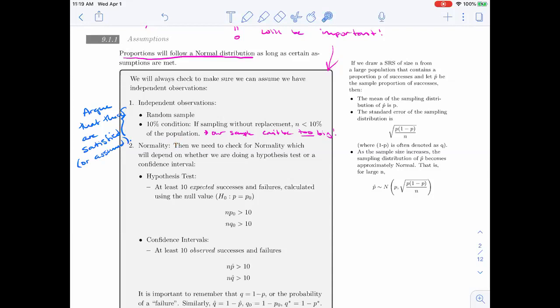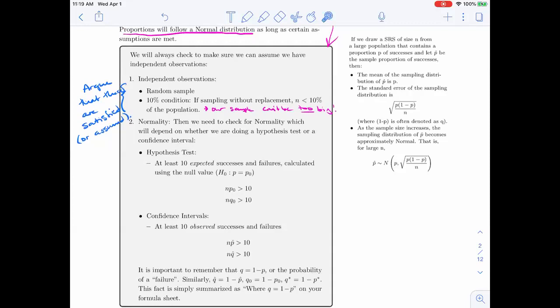Then you would say it's reasonable to assume that a sample size of whatever is less than 10% of the population of whatever you're talking about. Or you would say, I'm assuming that this sample size is less than 10% of the population. So that's the independent condition.